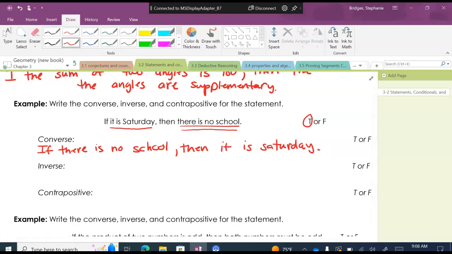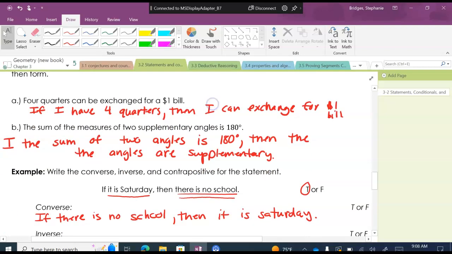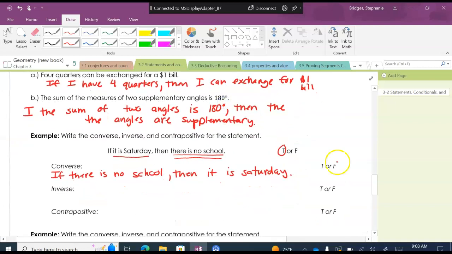True or false? Could it not be Sunday, or a holiday or something, right? So we would have to say that this one is false. Is it okay that my statement and my converse don't match? Yes.